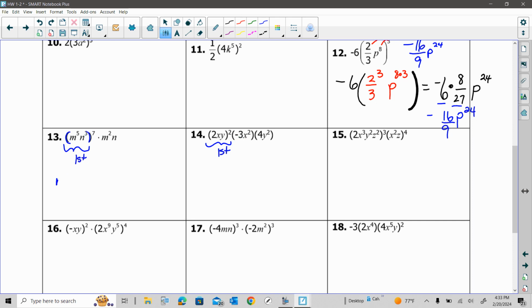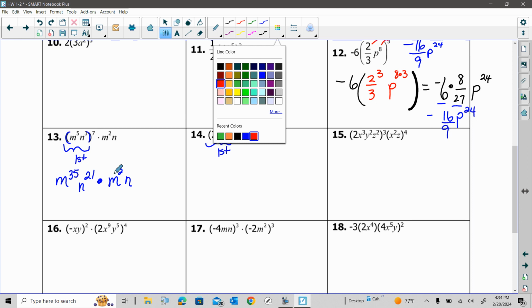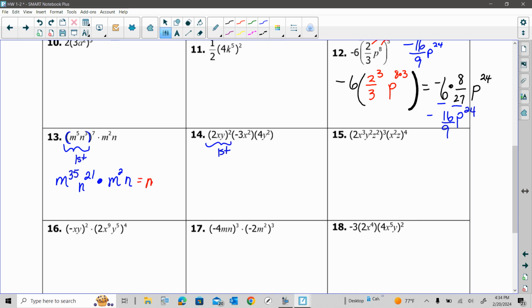So here on 13, this would be m to the 35th power and n to the 21st power. Now I'm multiplying that to m squared n. And now because we're doing multiplication, we're adding the exponents. So this will become m to the 37th power n to the 22nd power.